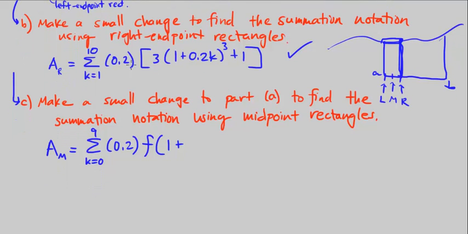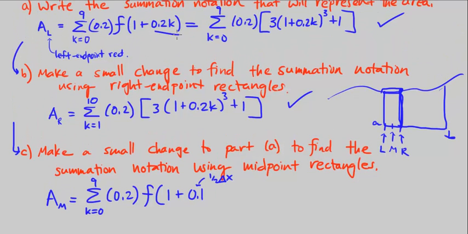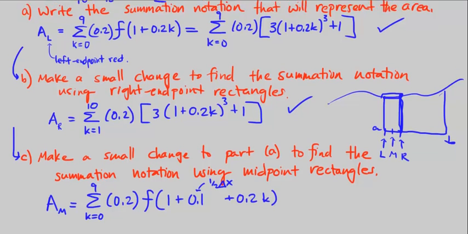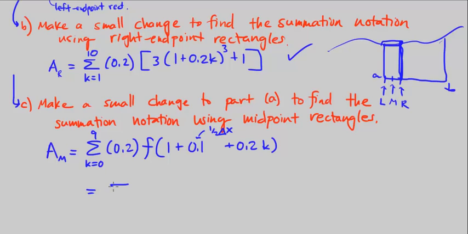So delta x we know is 0.2, so half of 0.2 is 0.1. So this is the big difference. We're adding in half of delta x. Then we still have the plus 0.2k. And what that equals then is the summation starting at k is 0 to 9, 0.2.